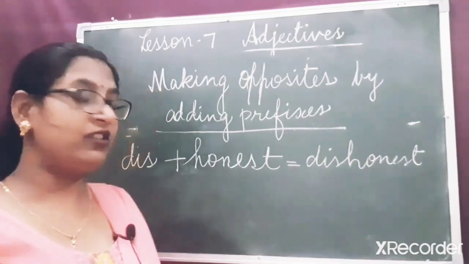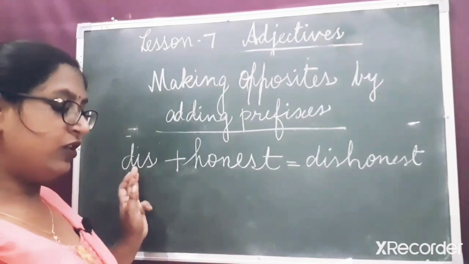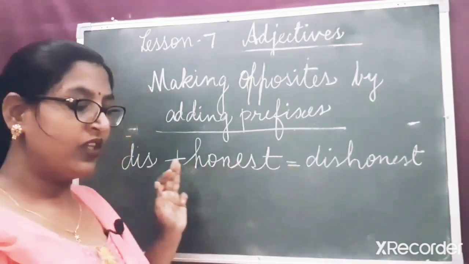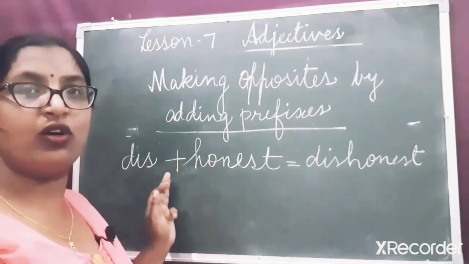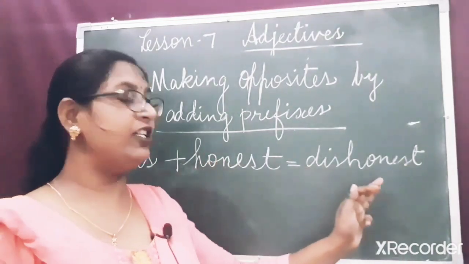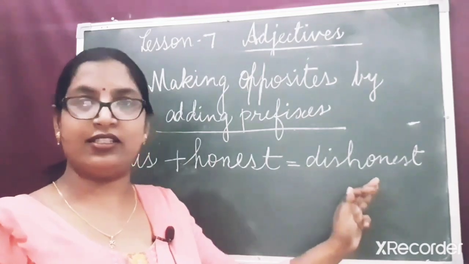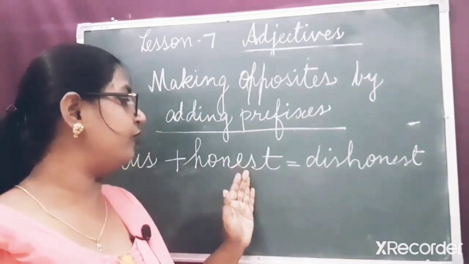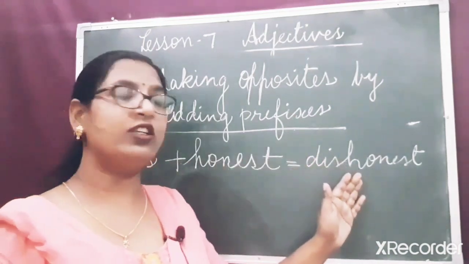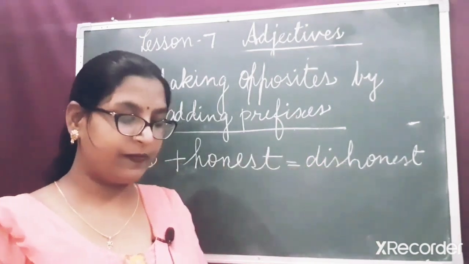We add the prefix dis before the word, we get the word dishonest. The prefix dis in this word denotes not. The word dishonest means not honest. So we made the opposite of honest by adding the prefix, and we got a new word, that is dishonest.